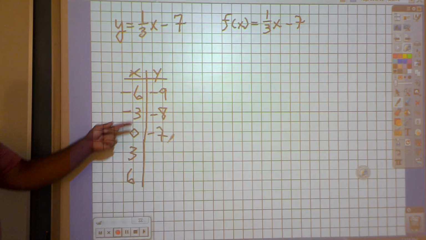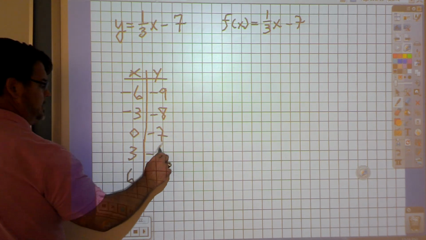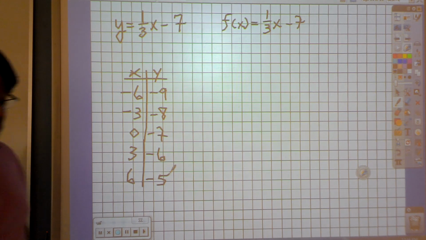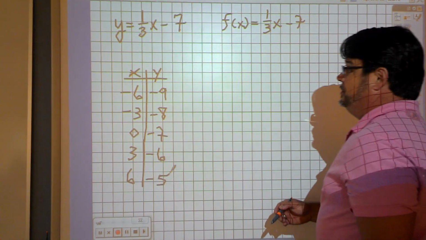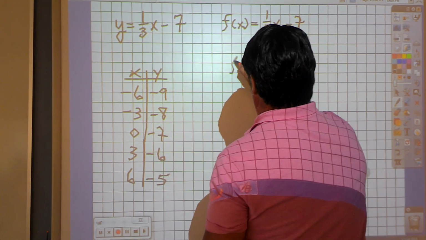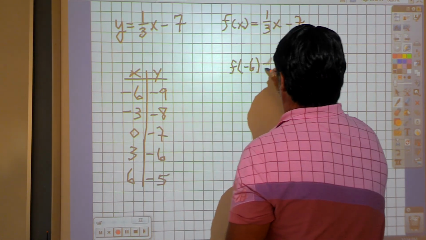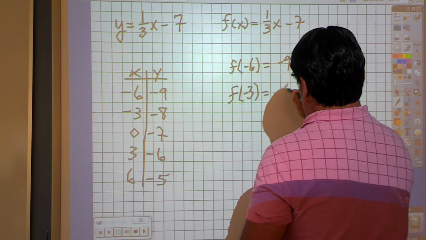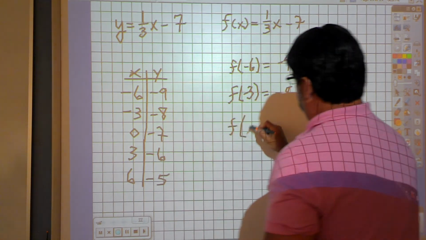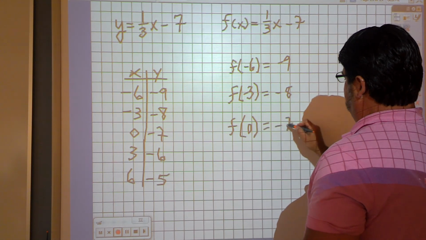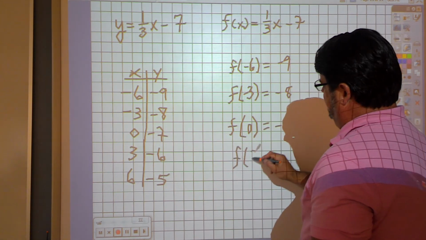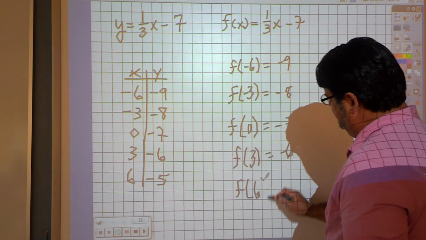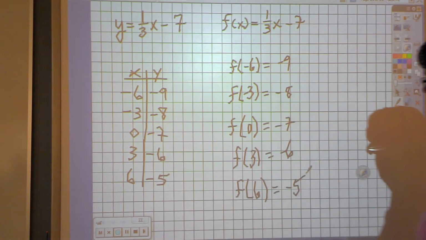You see the pattern: -7, -6, and -5. And if you hold your pinky up, f of -6 is -9, f of -3 is -8, f of 0 is -7, f of 3 is -6, and f of 6 is -5.